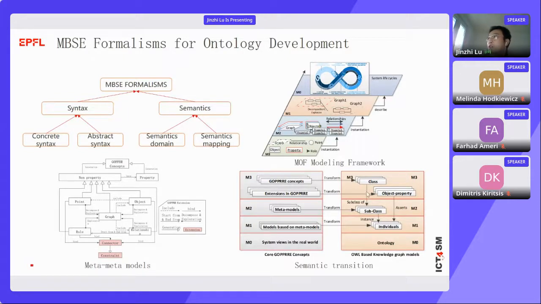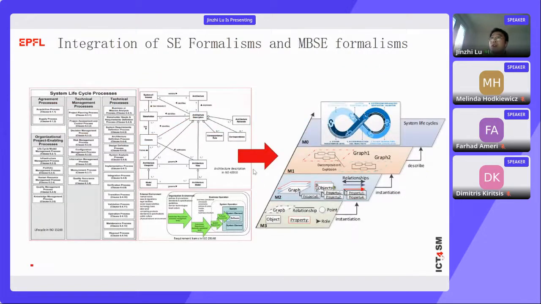Through this way, we can represent almost all the models using our ontology, like SysML, UML, BPMN, such models. And I will take one example of how to use our developed ontology to represent the system life cycle or system development process.